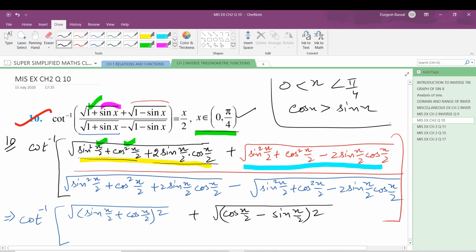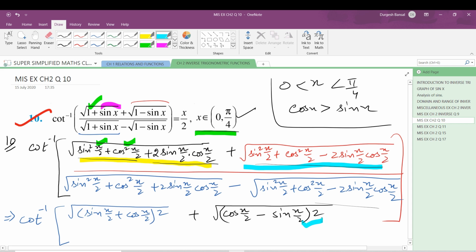I will show you after this question, from the graph also, that from 0 to pi by 4 the value of cos x is more than sin x. So to get a positive value under the square root, I have taken the whole square of cos x by 2 minus sin x by 2. I think you are able to understand what I am saying here.